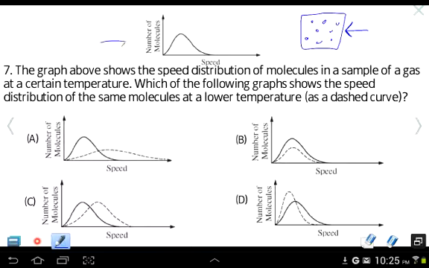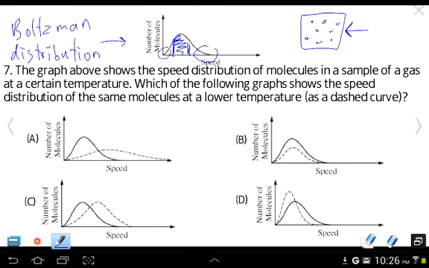And we have this curve. This is called the Boltzmann distribution. And essentially what you're seeing is that most of the molecules have roughly an average energy. A few have a very high energy, a few have a very low energy, or speed. So when it says here, which of the following graphs shows the speed distribution of the same molecules at a lower temperature?